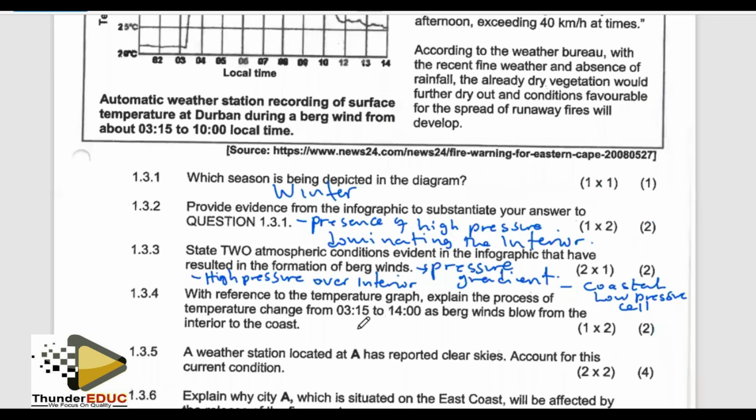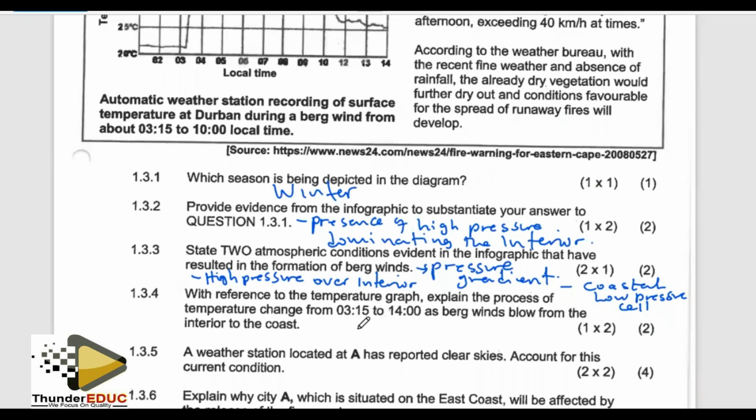1.3.4, with reference to the temperature graph, explain the process of temperature change from 0315 to 1400 as berg winds blow from the interior to the coast.